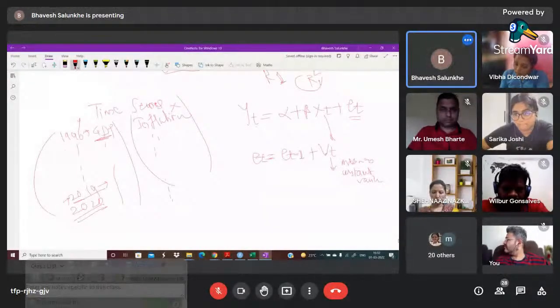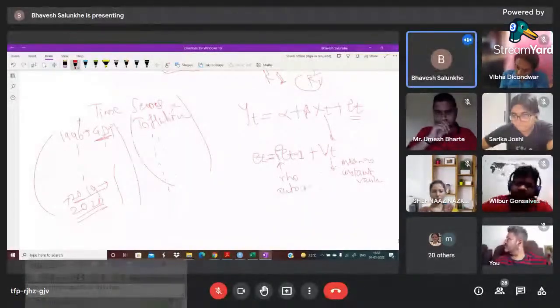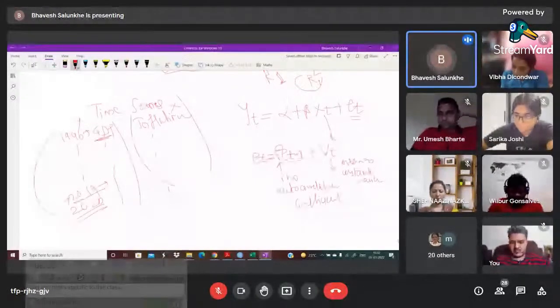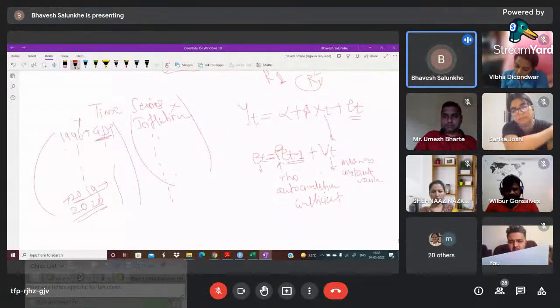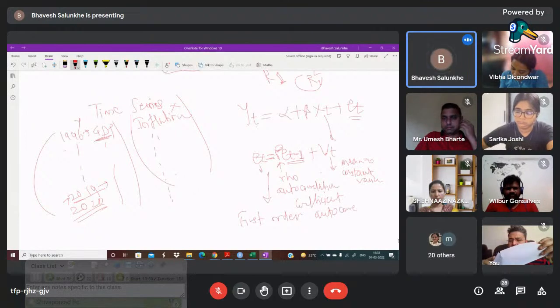But here you have this coefficient rho, which is called the autocorrelation coefficient, and it tells you by what magnitude the error term in the previous period influences the error term in the current period, that is in period t. If this value is significant, then there is a problem of first order autocorrelation.